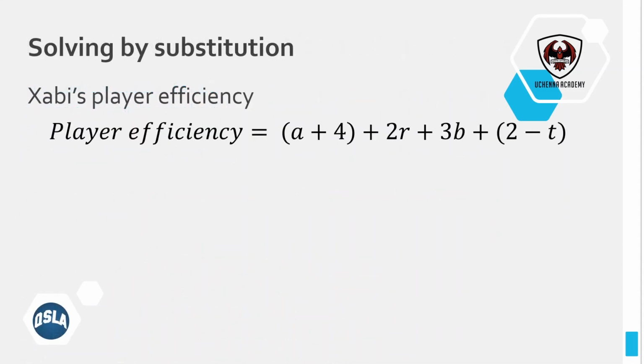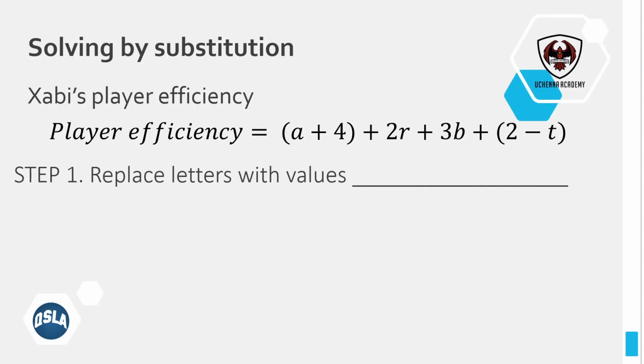So that's the formula again, just rewriting it, and we're going to do the same steps as we did in the previous example a few examples ago. So step 1 is always to replace letters or variables with values. Xabi had a certain number of assists. He also had a certain number of rebounds, baskets, and turnovers, and that was listed on the previous slide.